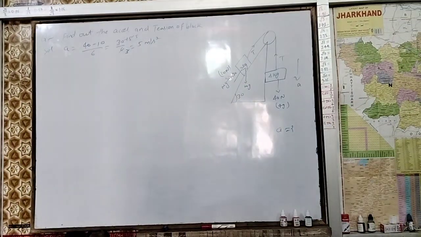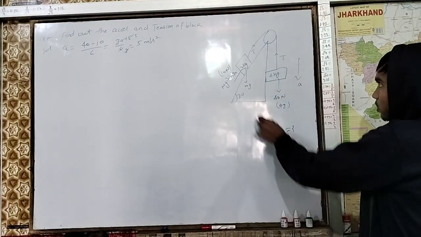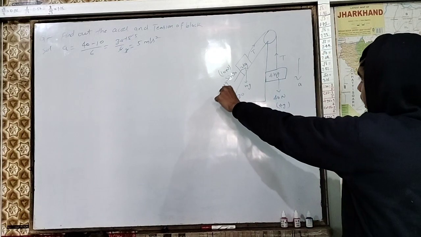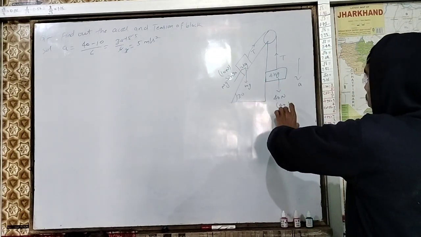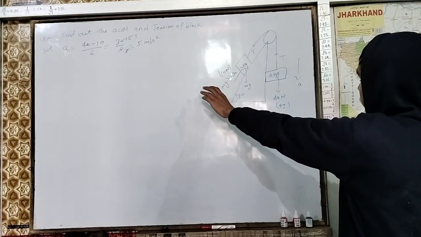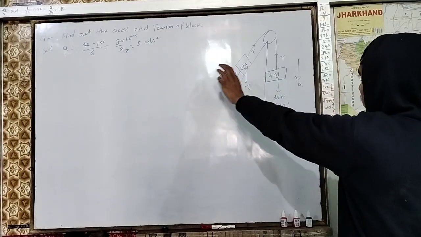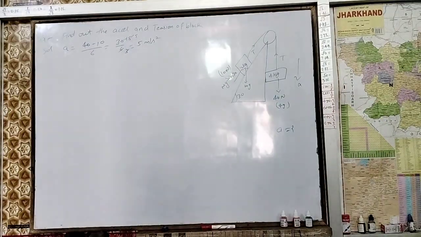What did we do? We saw that this is our downward force and backward force. Backward force is this much. So downward minus backward, 40 minus 10, upon total mass.